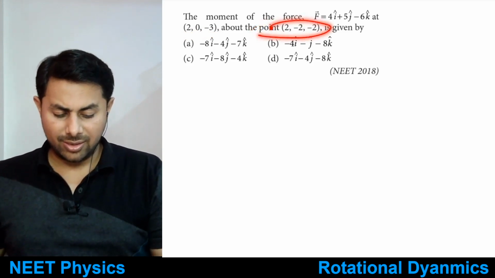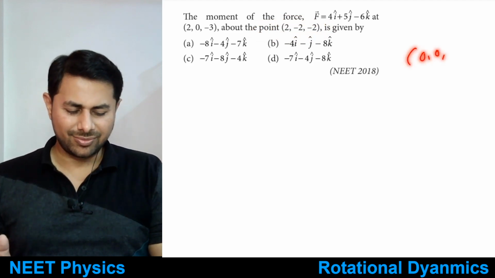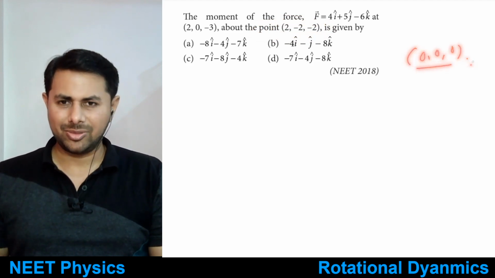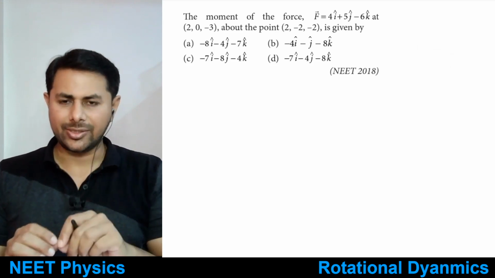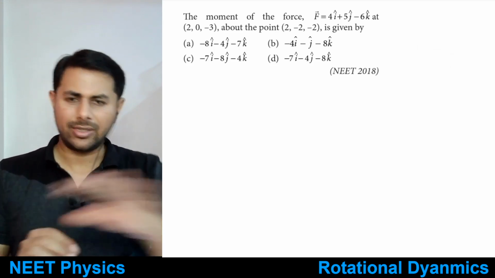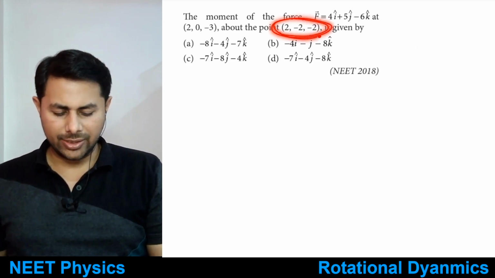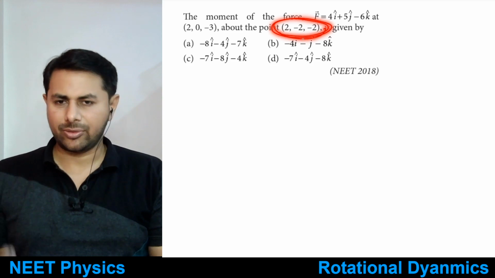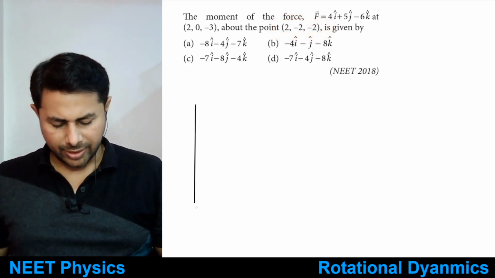Origin doesn't always mean 0, 0, 0. Origin means the reference point about which you are calculating everything. So you are calculating it about this point, so this becomes origin, right?